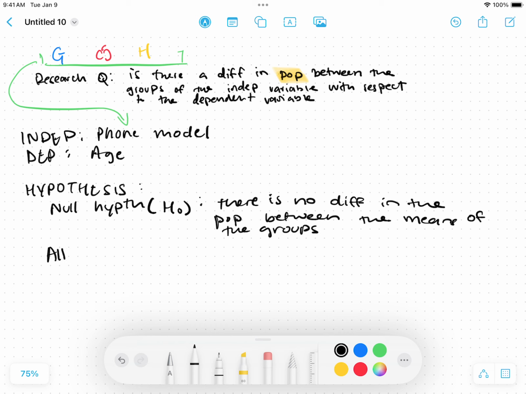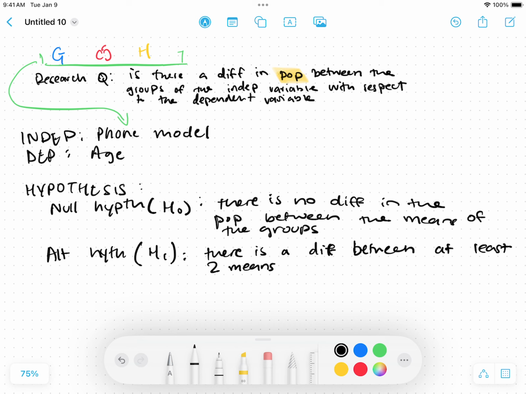And then we're going to have our alternative hypothesis, represented as H1. This is going to say the opposite, so that there is a difference between at least two means of the groups.